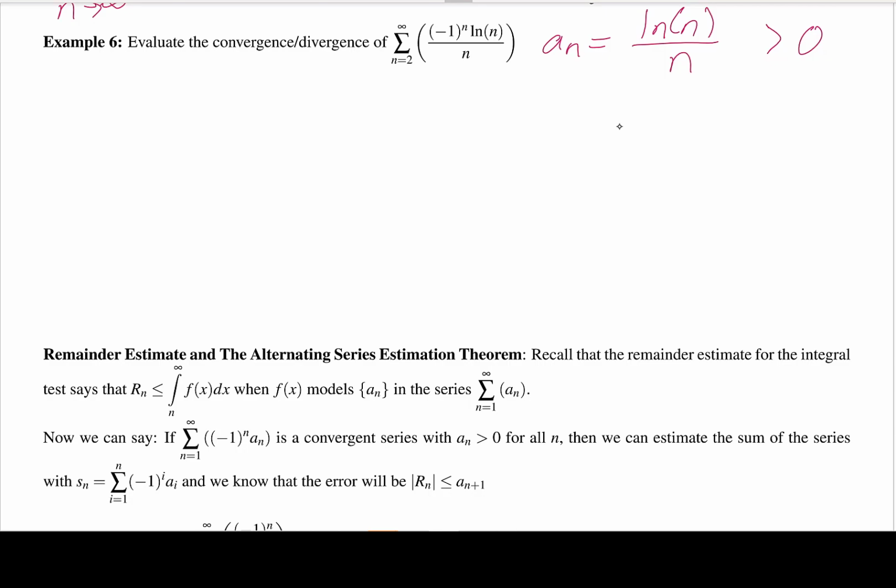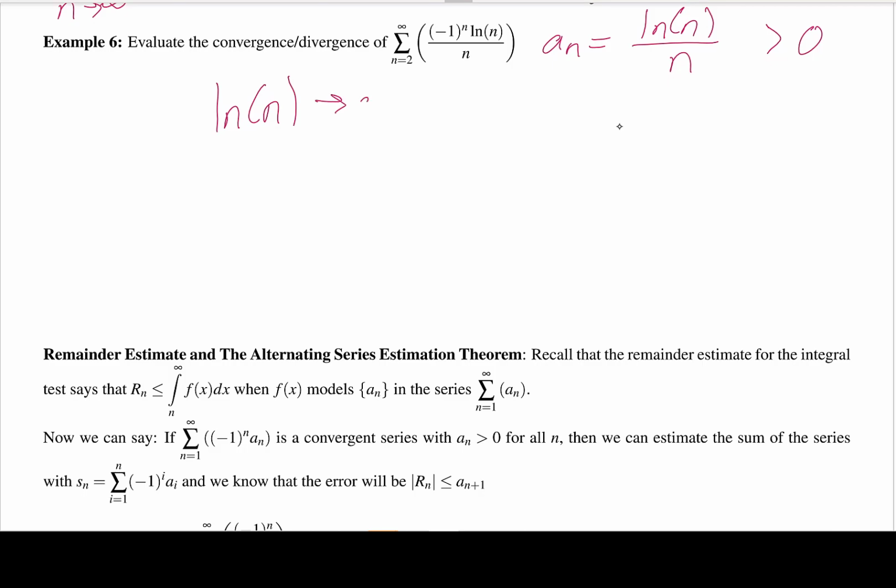Okay, so this one's a little bit difficult to see that it's decreasing. But what I want to look at is the growth rate of these two functions. So on top, we have the natural log of n. Now, a quick reminder that when you take the derivative of something, you get the slope, or the rate of change.